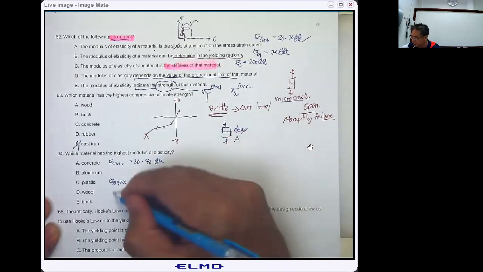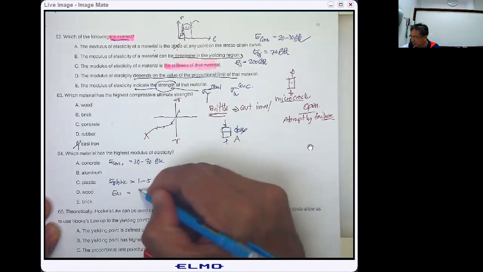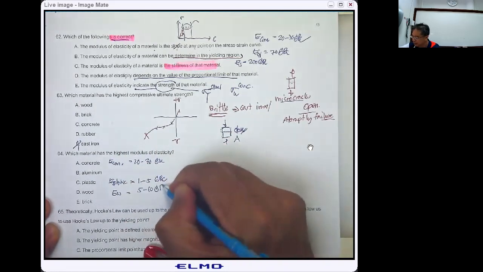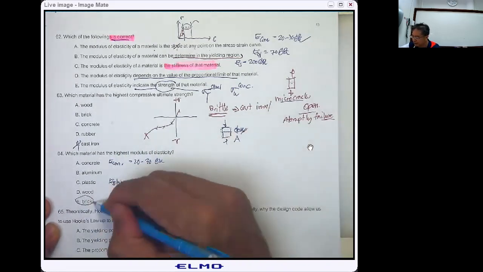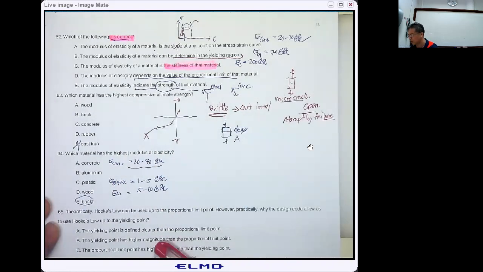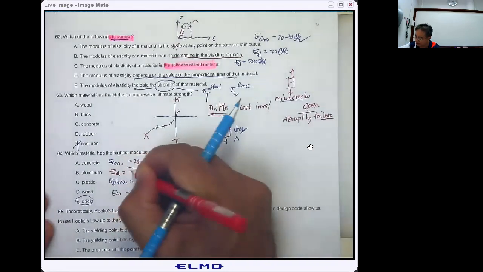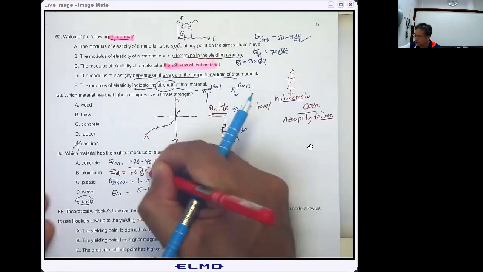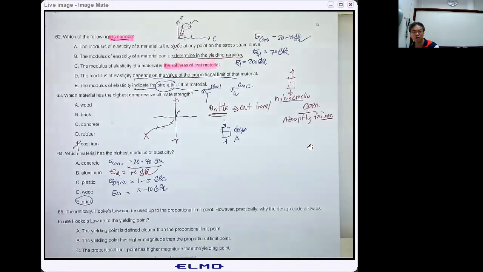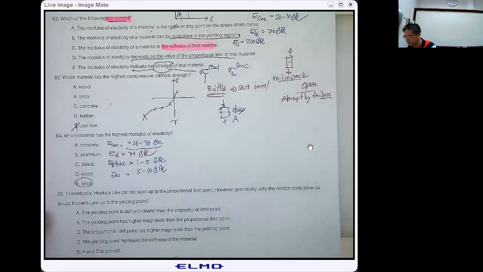The E of the wood is maybe 5 to 10 gigapascal, and the brick may be close to the concrete. For the aluminum, that is supposed to be 70 gigapascal. Or you may see the stress-strain diagram from the PowerPoint to make the decision on this problem 64.